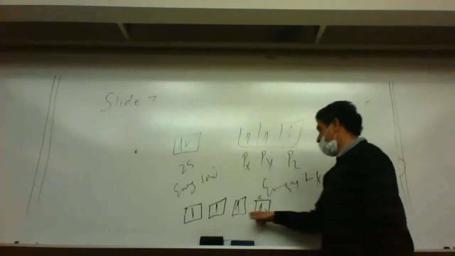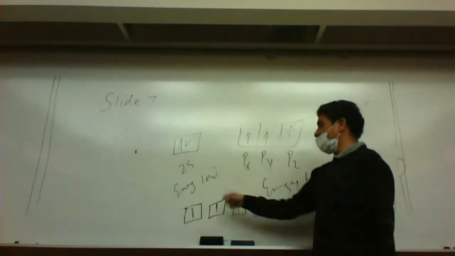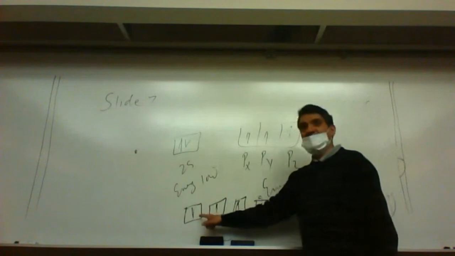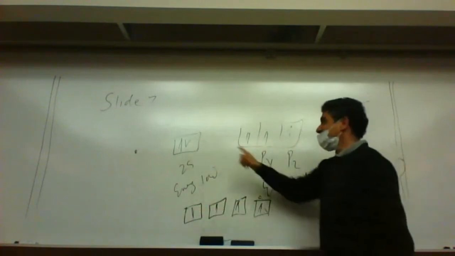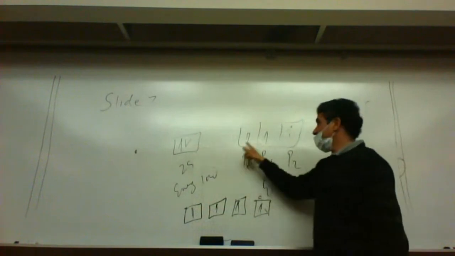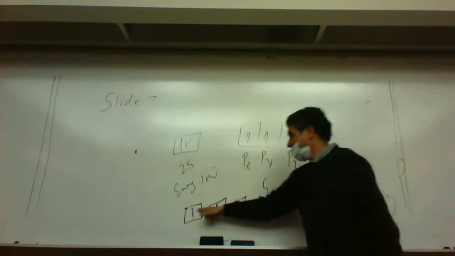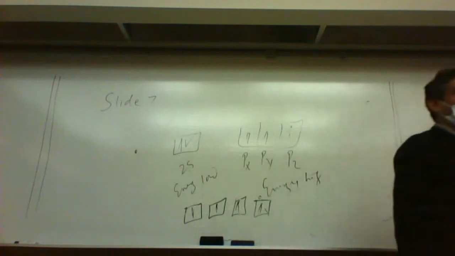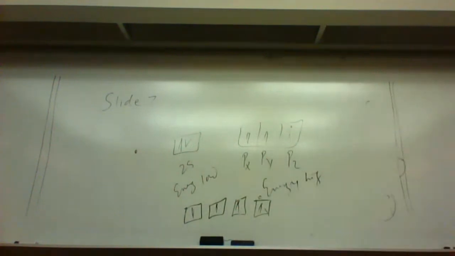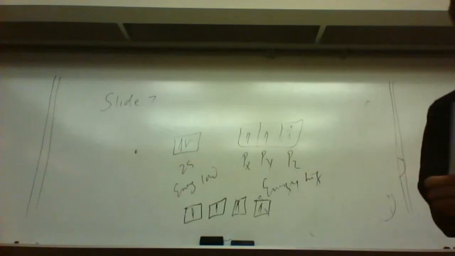Since all of these orbitals have the same energy, I need to put the electrons according to Hund's rule, because I have 1, 2, 3, 4, so I should put 1 by 1. Previously it was different, so I put 2 here, and 1, 1 here. Now all are the same, so I need to put the electrons 1 by 1. Make sense? Good. So that's like that.